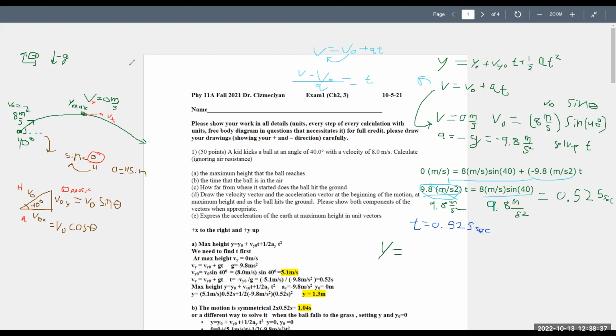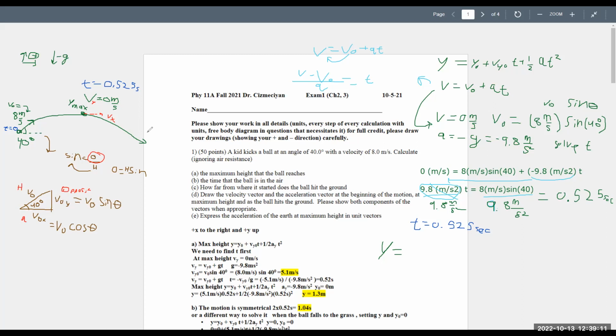Oh, we should probably put this in here, huh? So then remember that because over here t is equal to 0, then it takes you 0 to this number to get up here. So then it takes you the same amount of time to get back down.